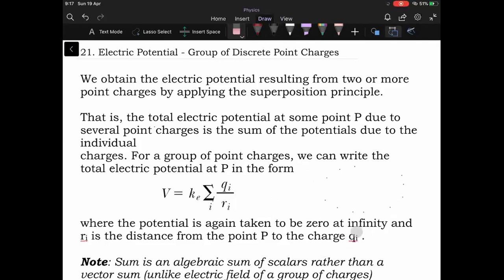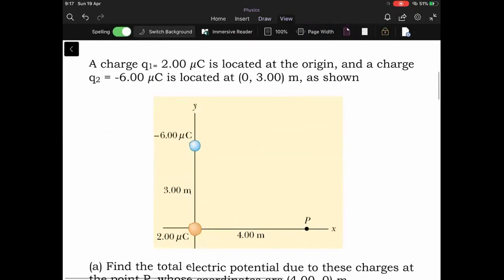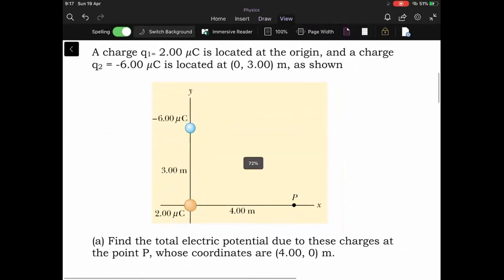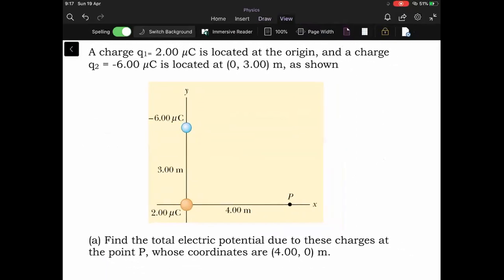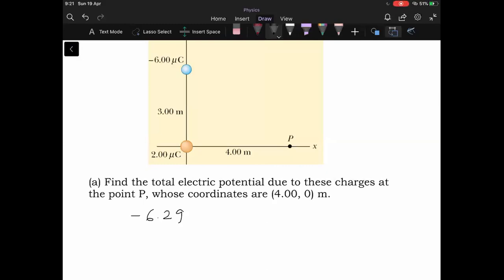Okay, so this is what we did in the last class. Okay, now based on this concept attempt this question. ... into 10 to the power 3 volts.